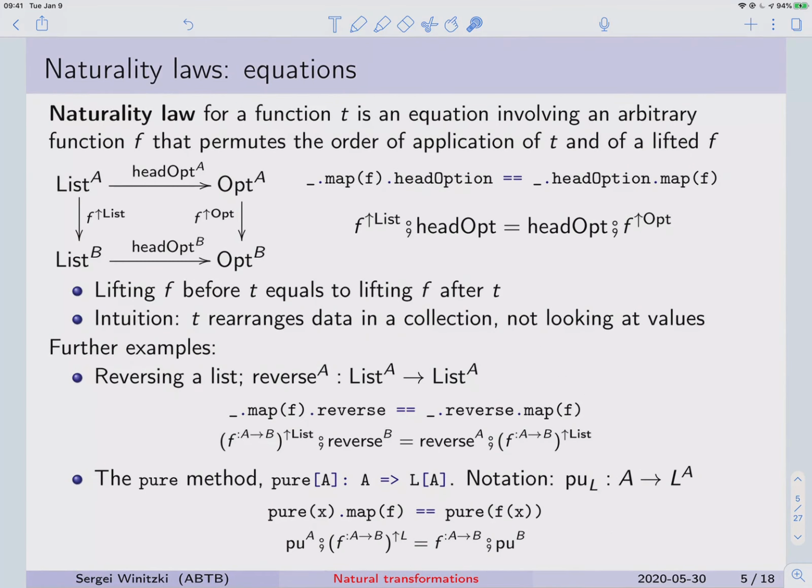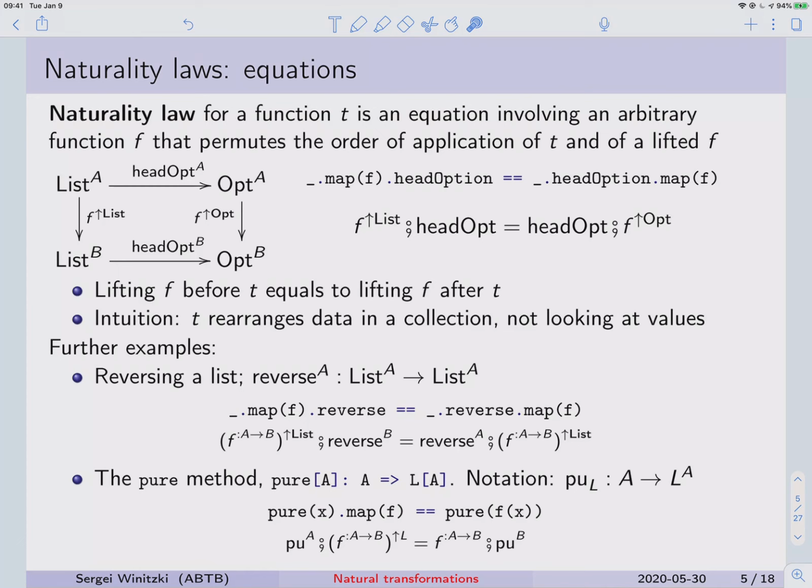So another example would be the head option function. Again, we have a map before head option and head option before map. So head option takes the first element of the list if it exists. If it doesn't exist, it returns an empty option. Again, head option is consistent with our intuition that this transformation does not change the values, it just rearranges the values in a collection.